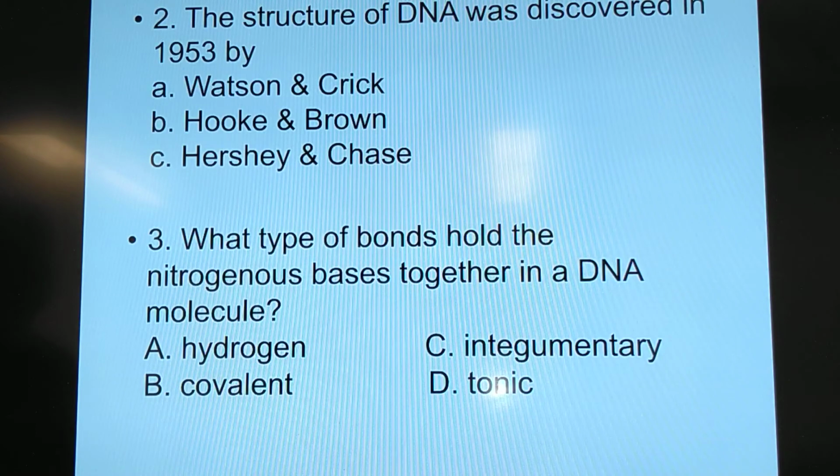What type of bonds hold the nitrogenous bases together in a DNA molecule? Those bases in the middle, what holds them together? Correct answer is A, hydrogen bonds, because we need a weak bond for DNA helicase to be able to open it up for replication. So hydrogen bonds.